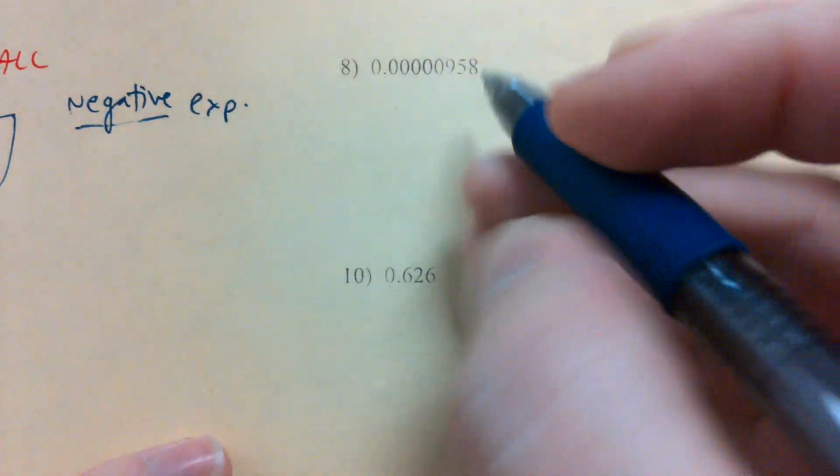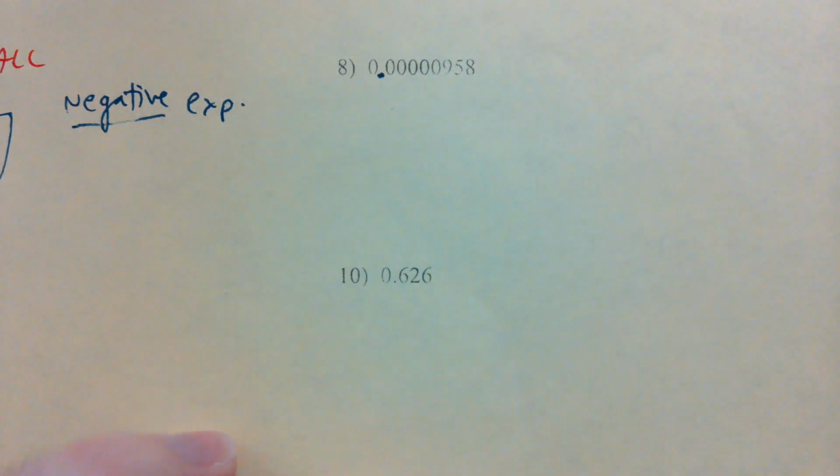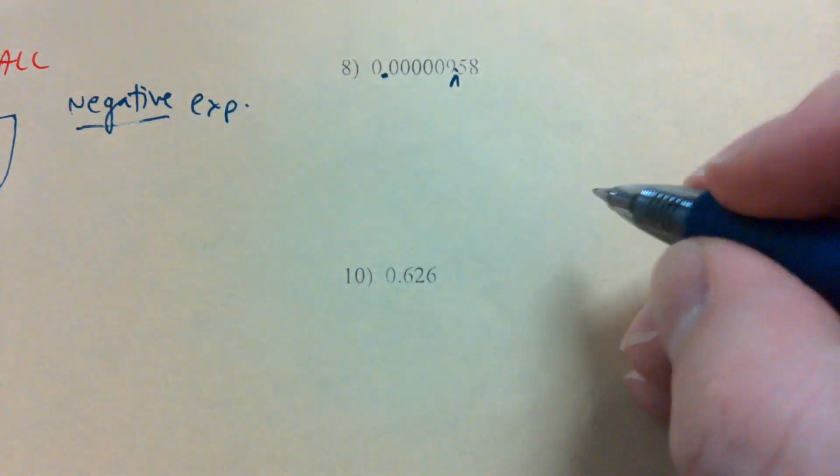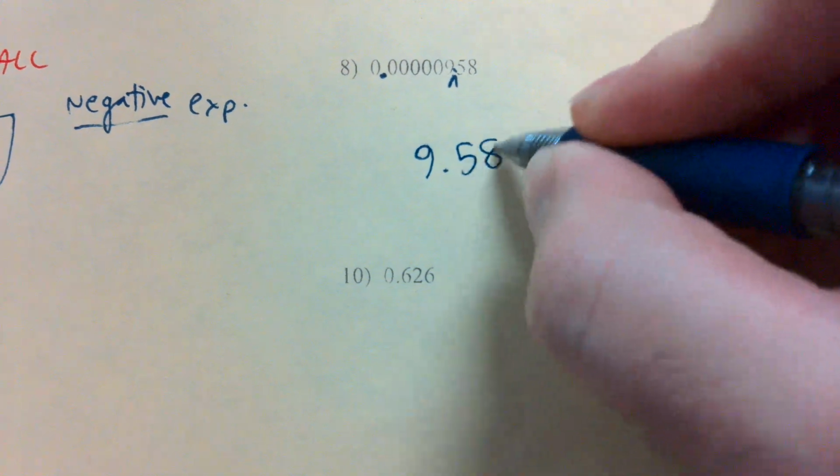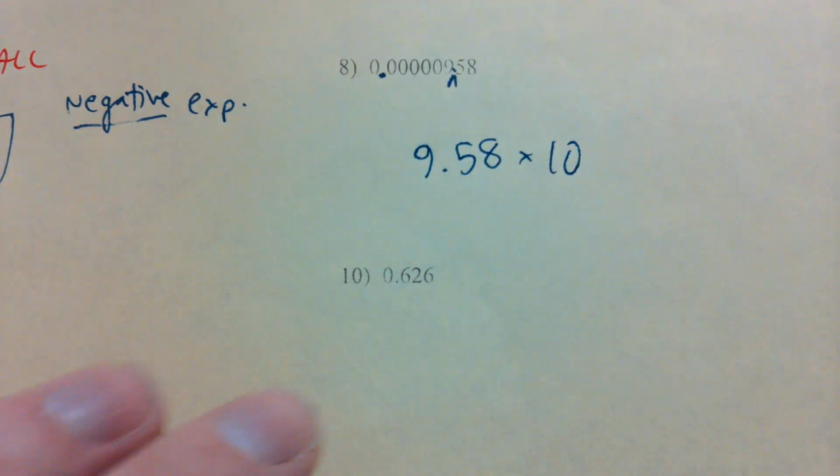All right, another small number. Here's our 0 point, right? Where do we want this decimal to end up? In between what and what? 9 and 5. In between 9 and 5, exactly. We get it right in there. We're going to have 9.58 as our leading number.